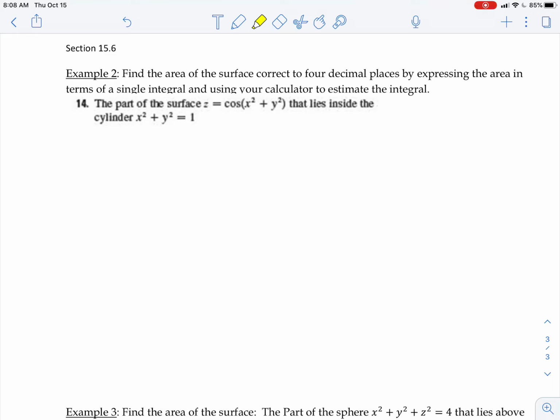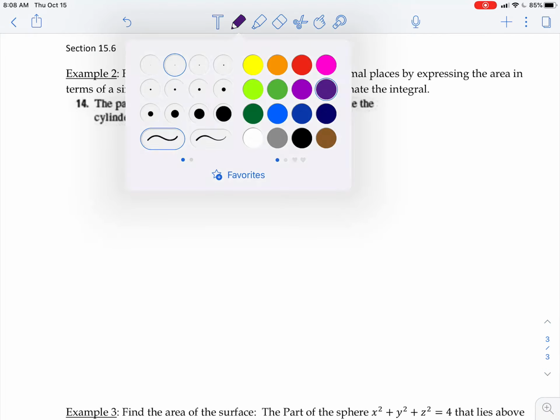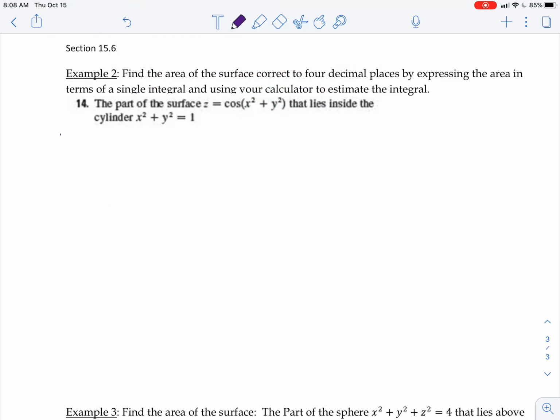We're given our surface z equals cosine of x squared plus y squared that lies inside the cylinder x squared plus y squared equals 1. So let's go ahead and look at what that looks like. I'm just going to go ahead and graph this, and I'm going to cheat on this one. I'm just going to draw my circle.